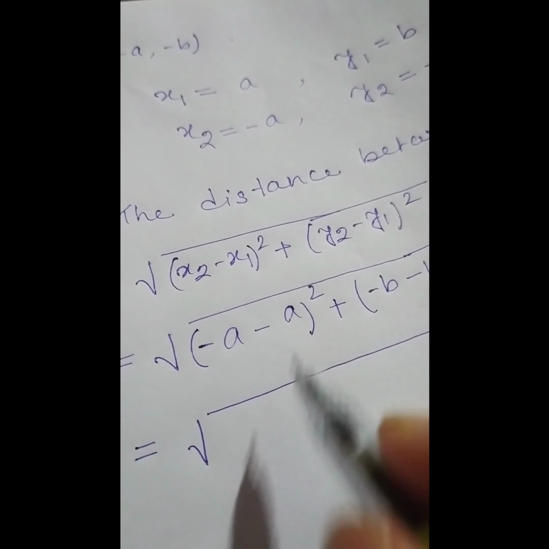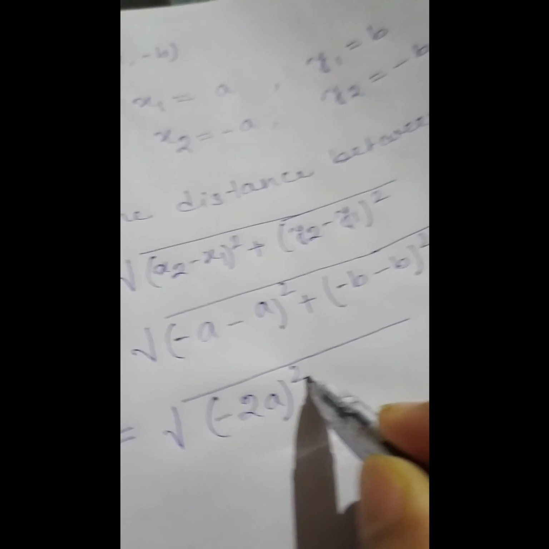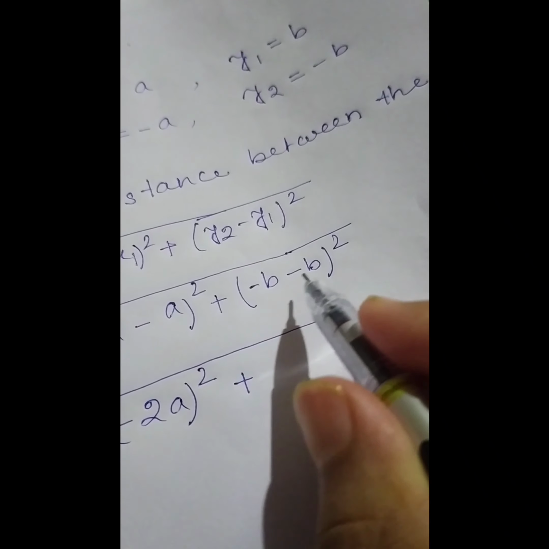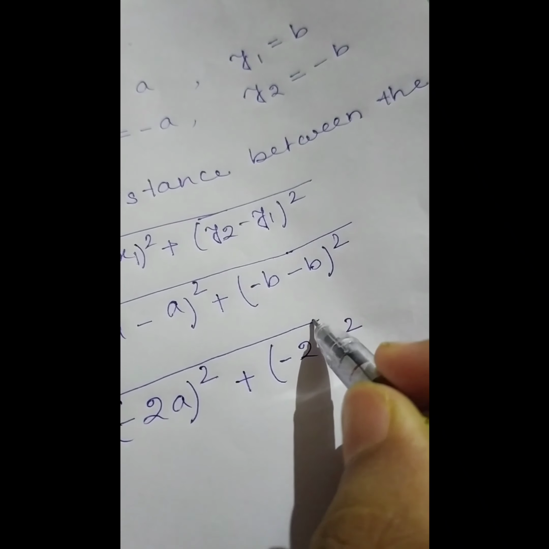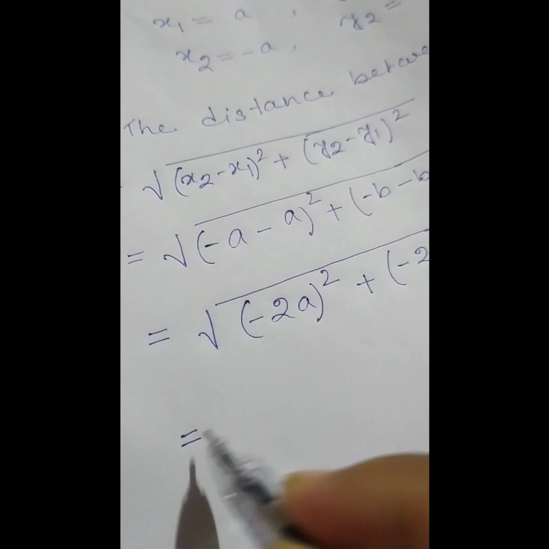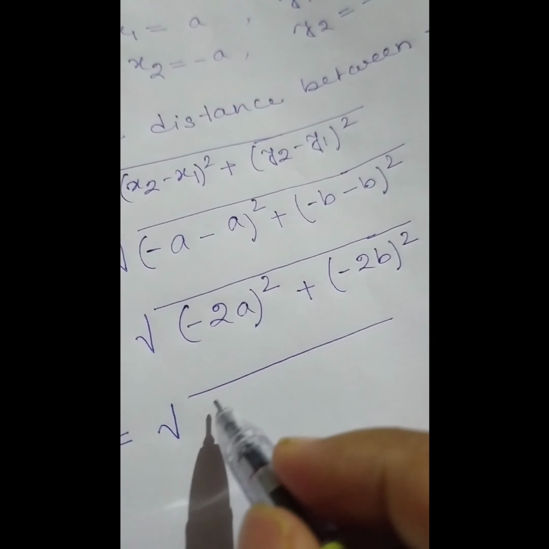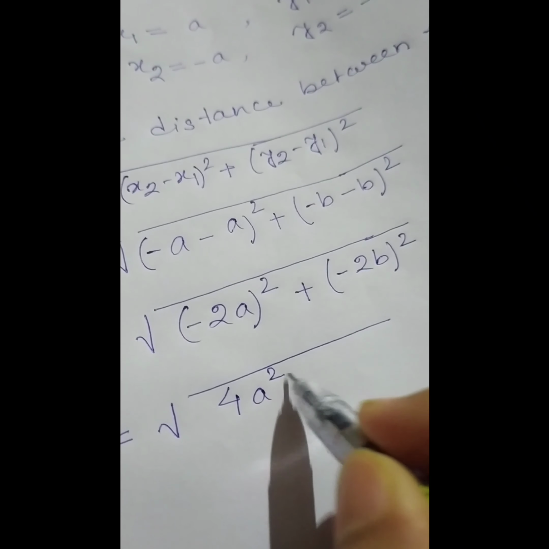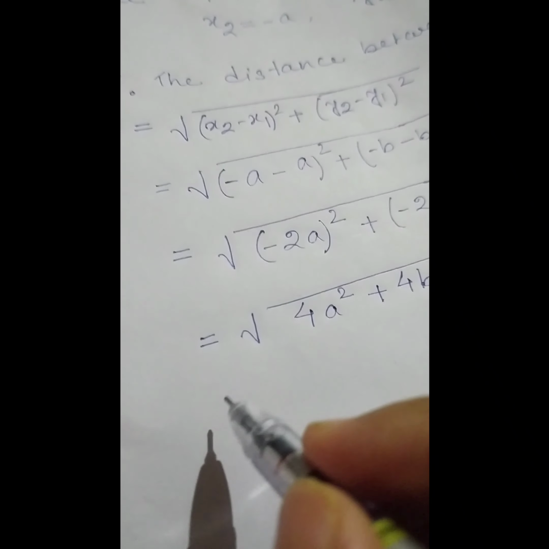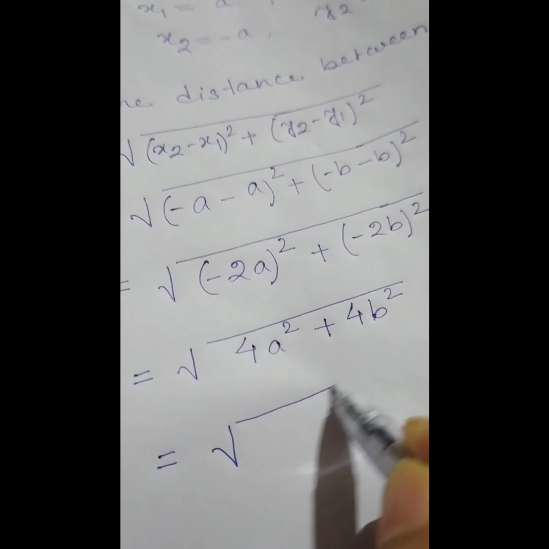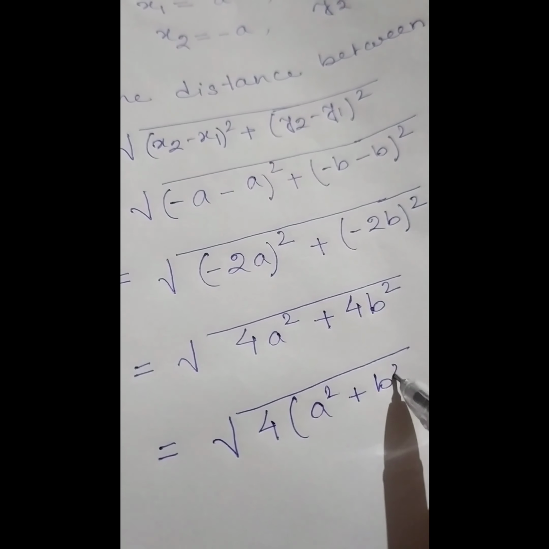It is equal to (minus a minus a, which is minus 2a) whole squared plus (minus b minus b, which is minus 2b) whole squared. So it is equal to minus 2a whole squared, which becomes 4a squared, and here it becomes 4b squared. So you can take 4 as common: 4 times (a squared plus b squared).